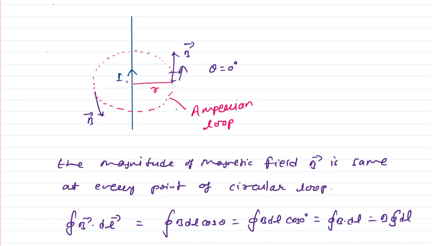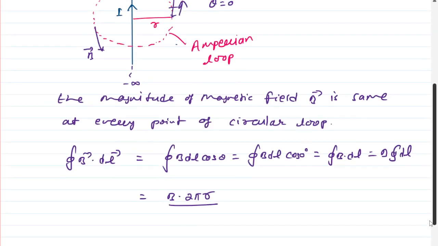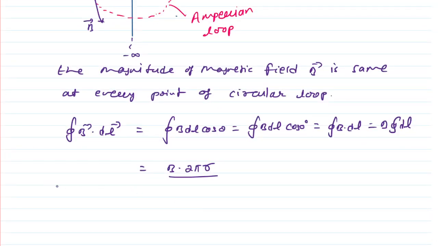We know this loop is going to enclose this straight wire or conductor, and it is infinitely long. We have assumed it is extending from minus infinity to plus infinity. So now we are going to apply Ampere's circuital law.